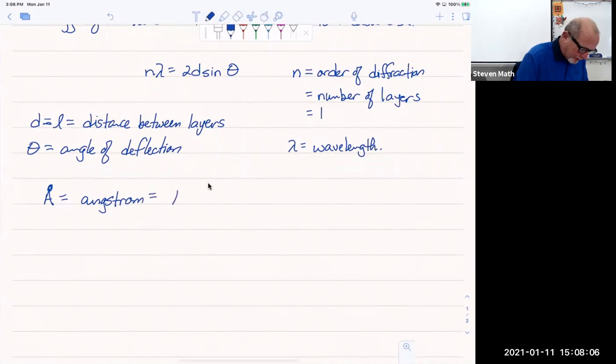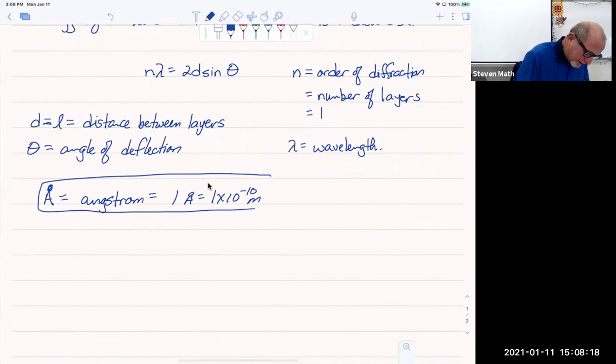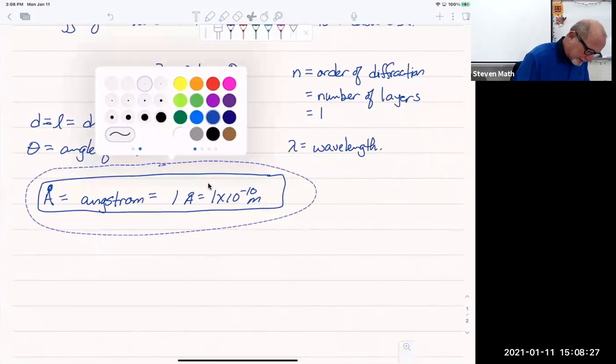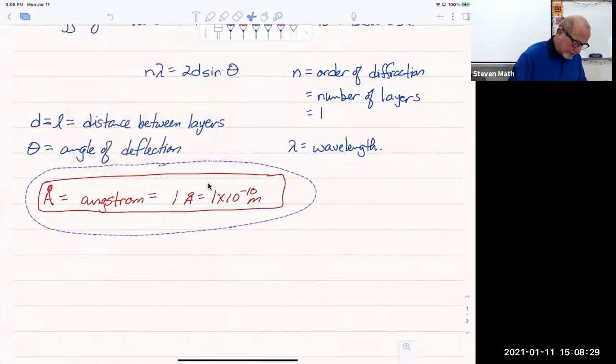And 1 angstrom, capital A with a circle, is going to be 1 times 10 to the negative 10th meters. That's just kind of a nice thing to have in your arsenal. So let's make that red. That's kind of important.